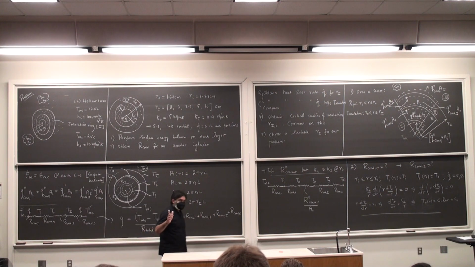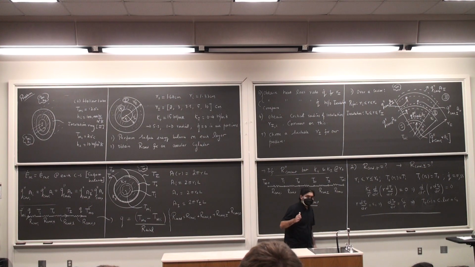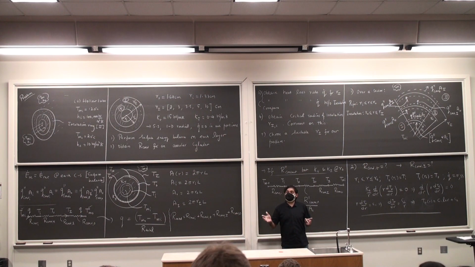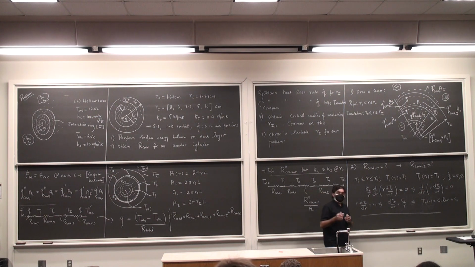Should I get rid of C1? Do I have any right to get rid of it? It's not a solid. I can get rid of C1 only if there is a solid body. If I have a solid body and there is no heat generation, the temperature is going to be the same throughout, from the center all the way to the outer edge, because C1 is 0. So I will just have C2.